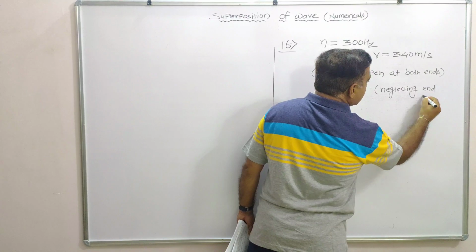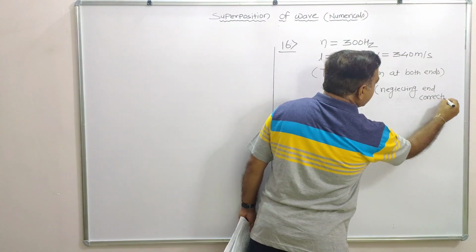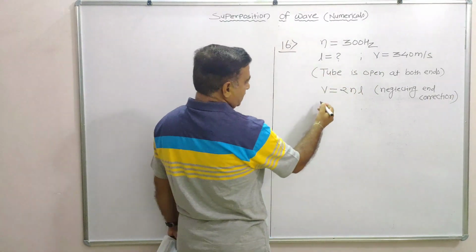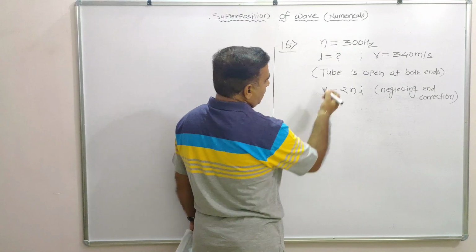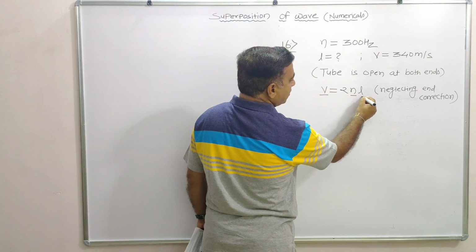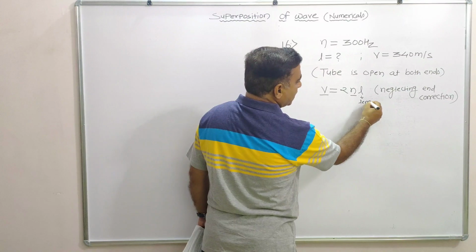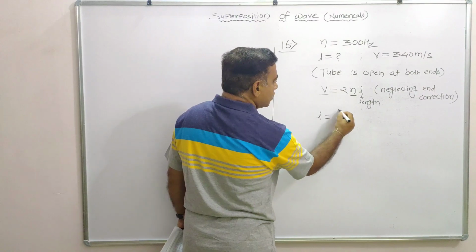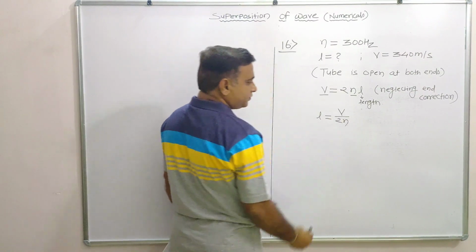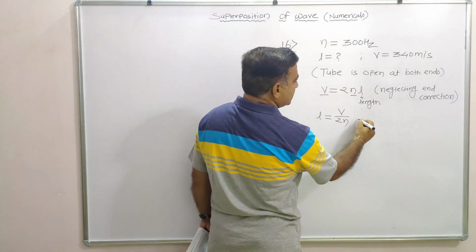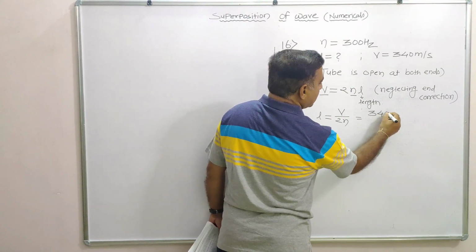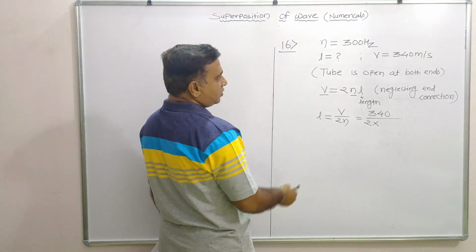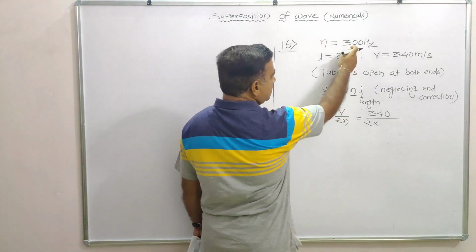Since velocity and frequency are given, we can easily calculate this length. That means L is equal to V upon 2n, so L is equal to 340 divided by 2 into 300.